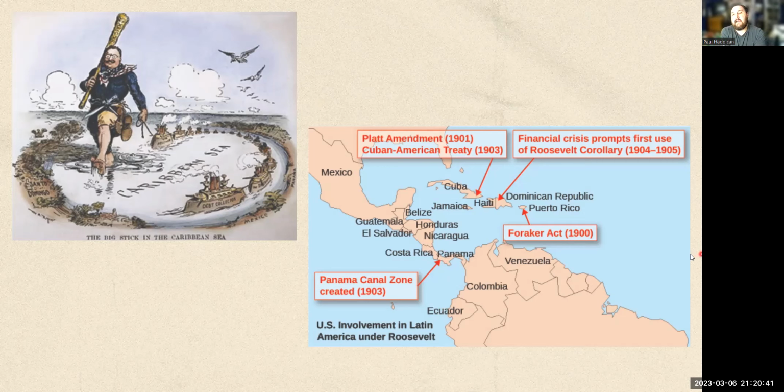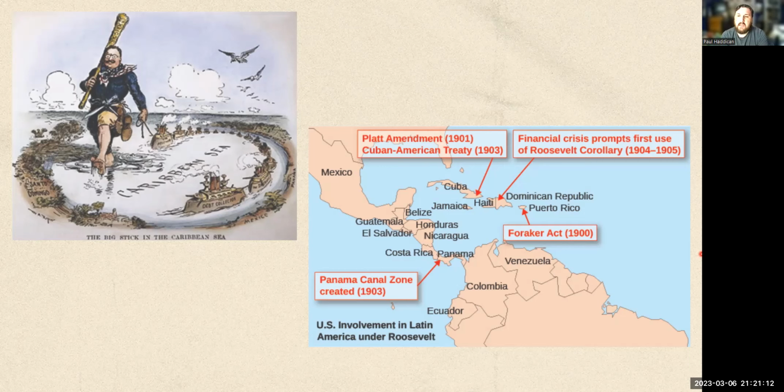It is a canal that connects the Atlantic Ocean and the Pacific Ocean and cuts the time of making that trip drastically down. It increases economics, and it increases trade dramatically during this time. And of course, the US is going to pay for it and also take control of it. So that'll be a direct benefit to the United States, even though it directly impacts Panama at this time.